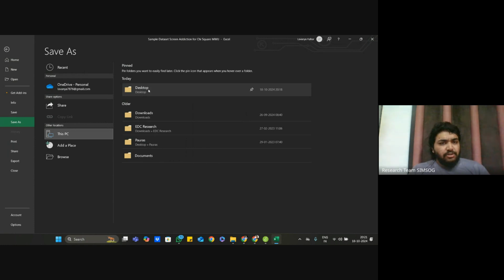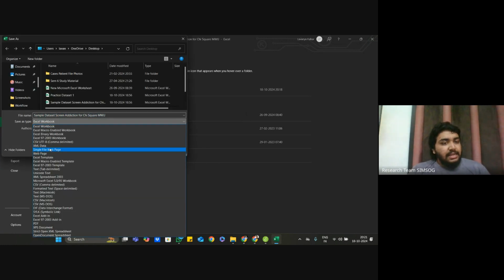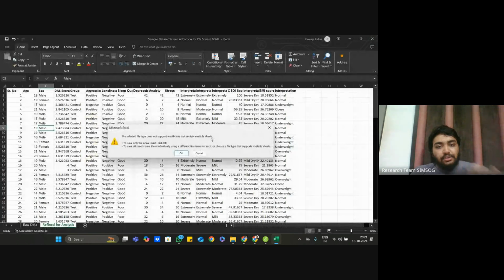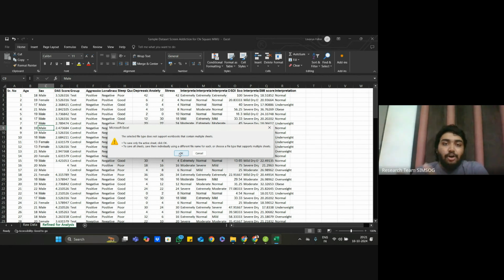I'll do it for the sake of the discussion, because I want to show you that a dialog box comes. Basically it will save only the main sheet which is open, and if you want to save all the sheets you'll have to do it individually, because while inputting into JASP, it will take only one single sheet and remove all the data formatting.